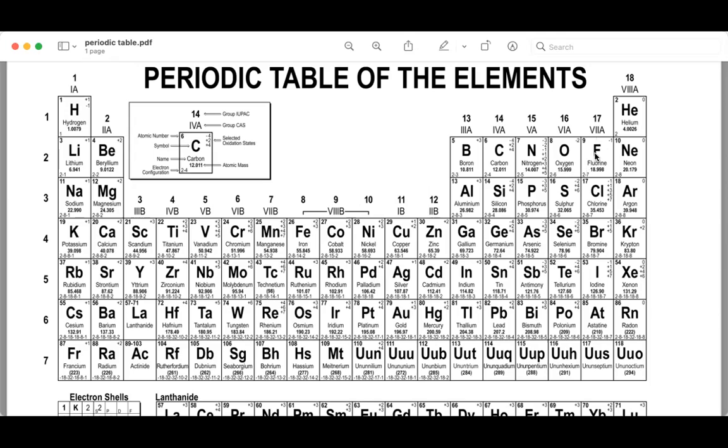Even though when the neutral fluorine atom is given an electron, it's going to release a ton of energy, once it has the configuration of neon, so we're talking about F-, then it's going to go into that other category of needing to add energy to force it to accept a second electron.